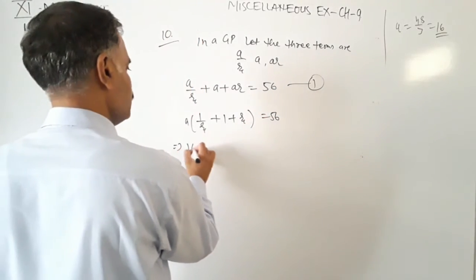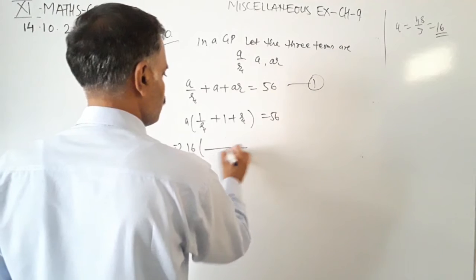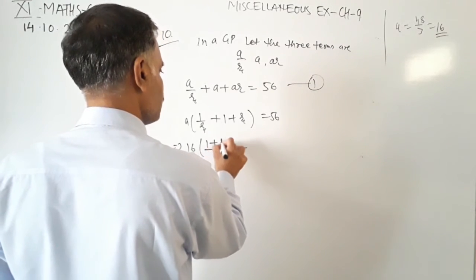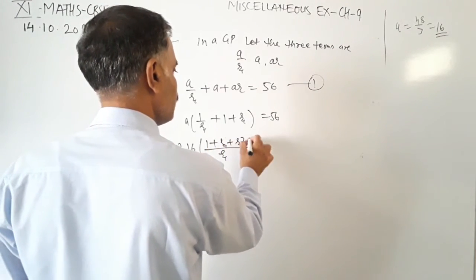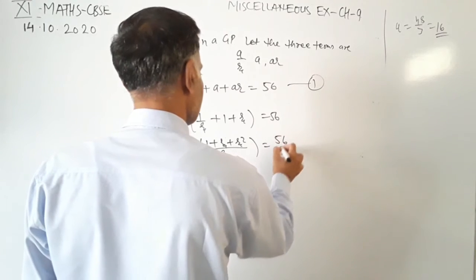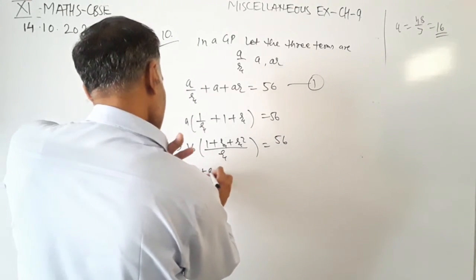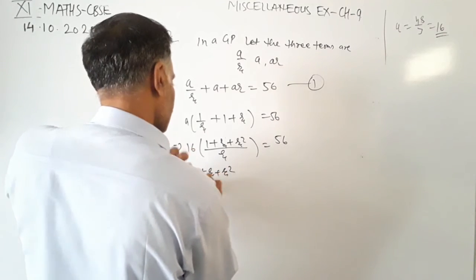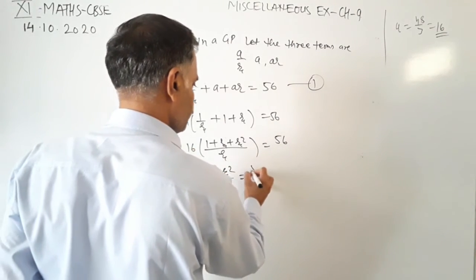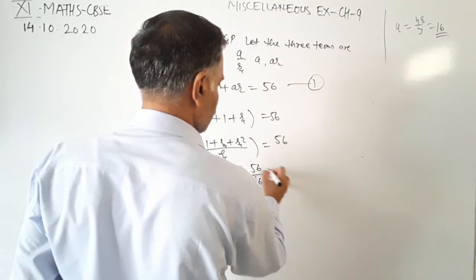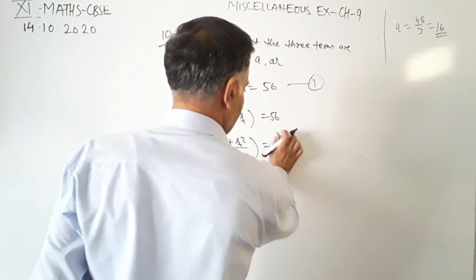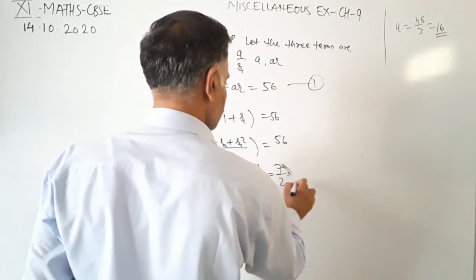That is 16 into, taking R as LCM, (1 plus R square) upon R is equal to 56. So (1 plus R square) upon R is equal to 56 upon 16. Dividing by 8, 7 upon 2.